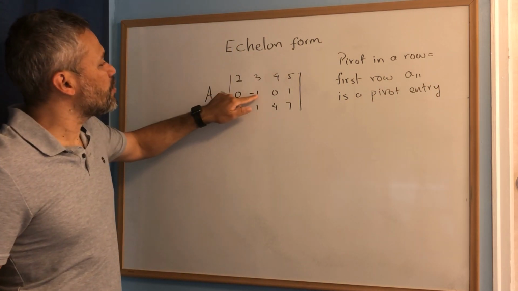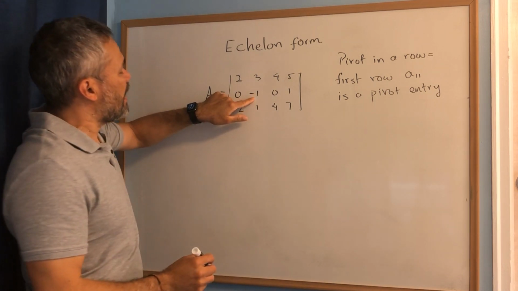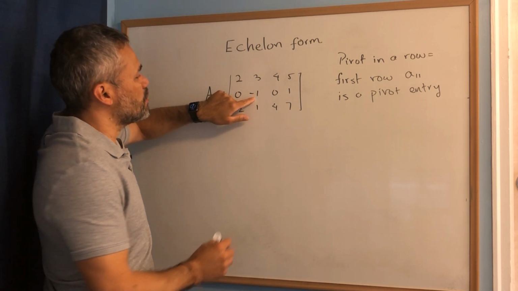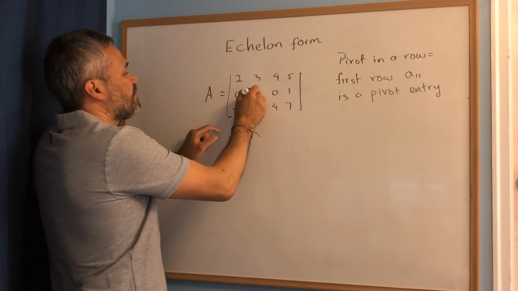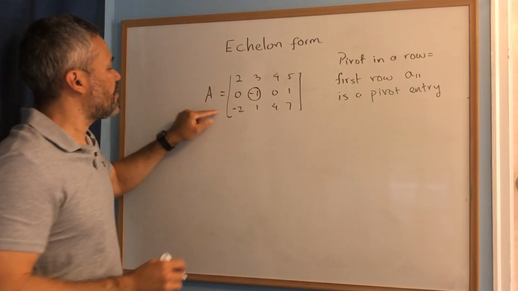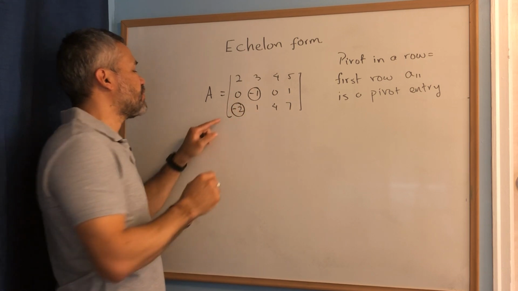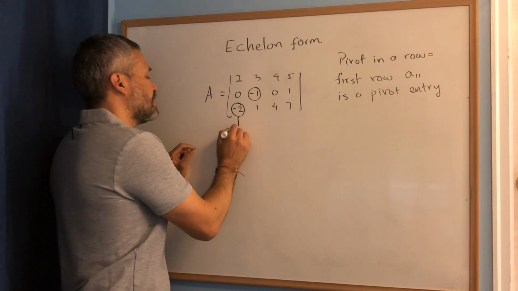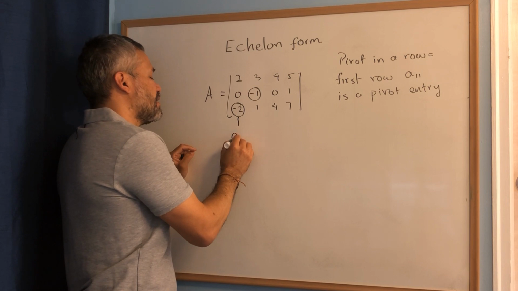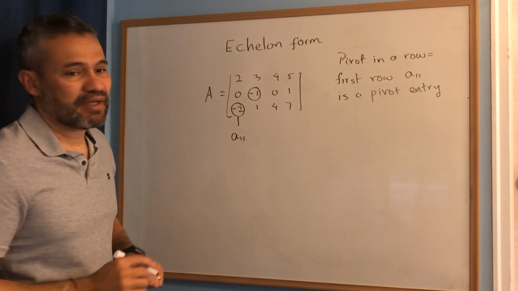For the second row, the entry A22 is a pivot entry. And for the third row, the entry A31 is a pivot entry.